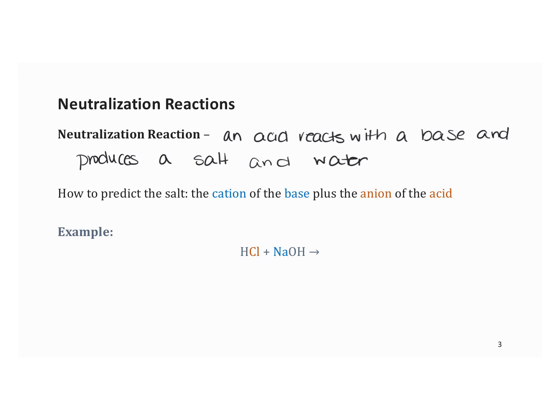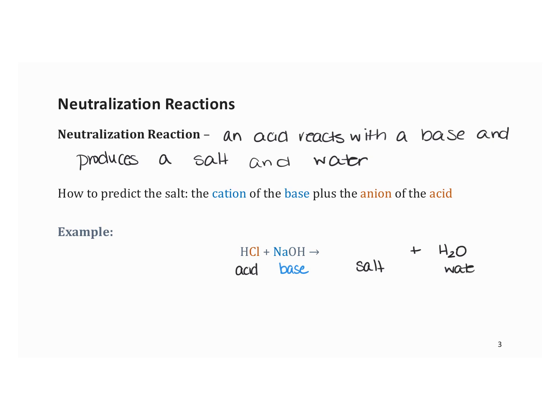We have hydrochloric acid here and sodium hydroxide. Hydrochloric acid right here is the acid, right? And then sodium hydroxide is the base. So we've got an acid, we have a base, they're reacting together. And what we're going to find here is that we are going to form a salt and water.